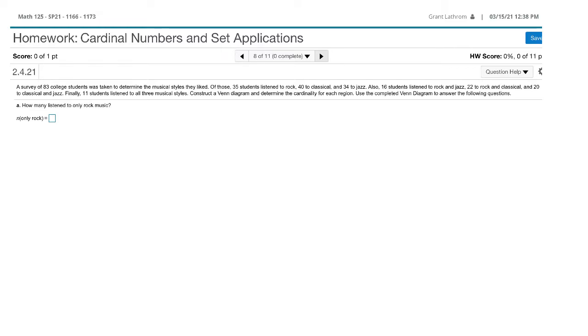And so what we do in this case is really similar to the previous problem, but we are now constructing the Venn diagram ourselves. And so what we have is, to begin with, let's draw a Venn diagram with 3 circles.